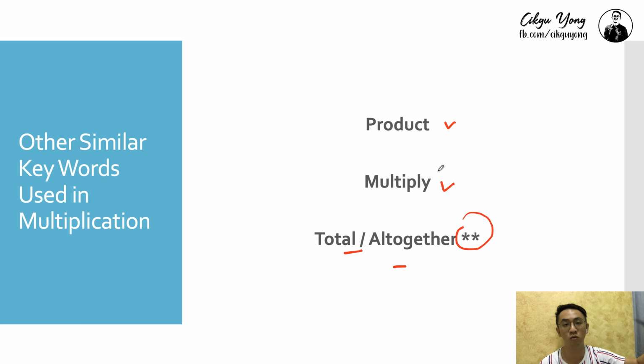You have to get used to looking through the questions all over again. All right. So for this part, perhaps I will have to find another time to get different types of questions involving total and altogether, and we'll determine whether it involves addition or multiplication in that particular situation, right?